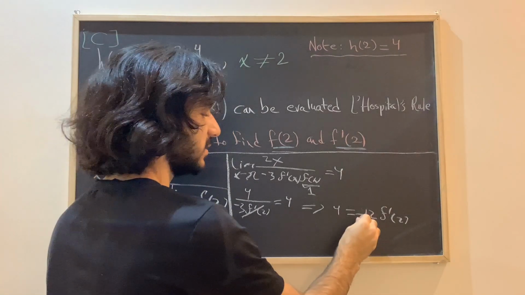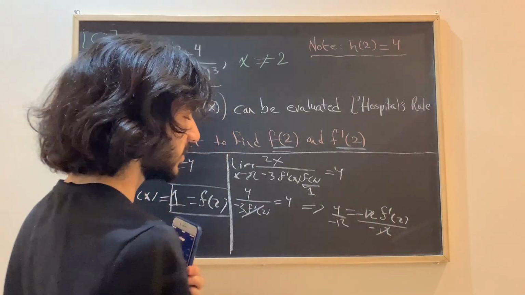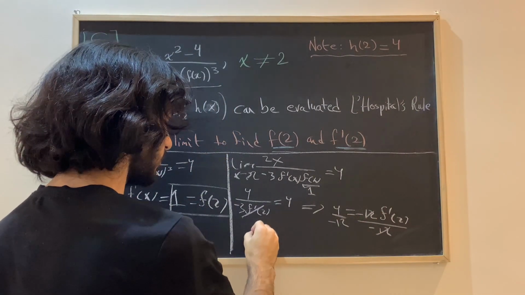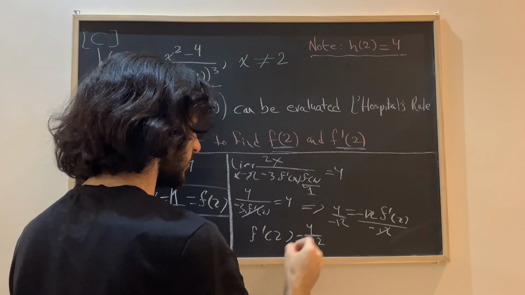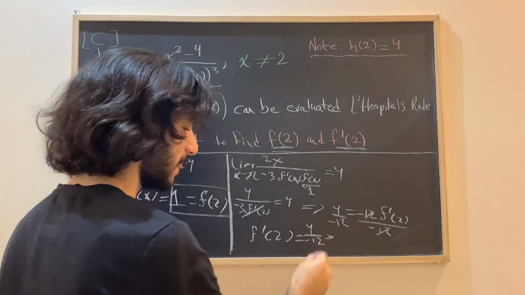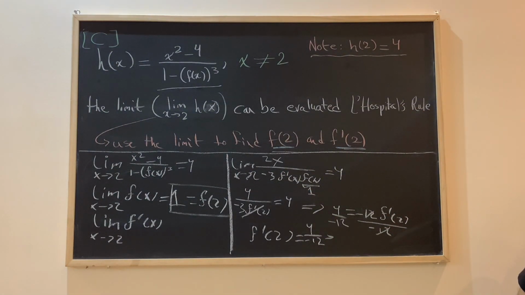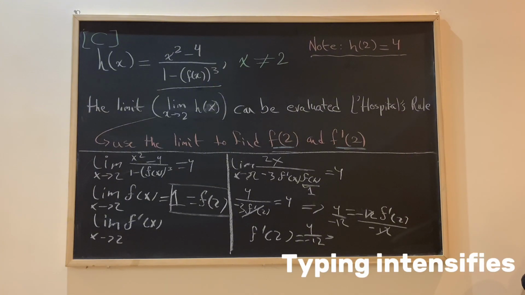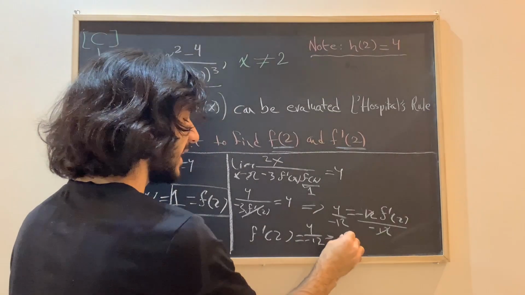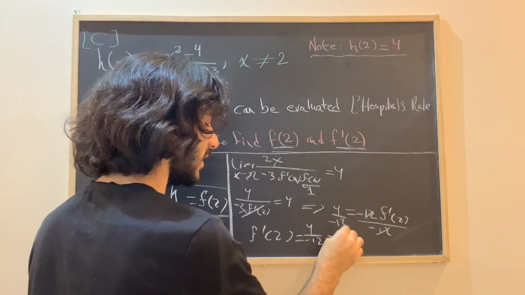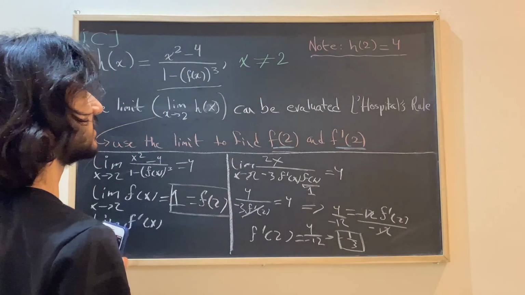Now you can just divide negative 12 on both sides, and you're going to get f prime of 2 equals 4 over negative 12, which is negative 1 over 3, and that is f prime of 2 for you. And this is the entire question done.